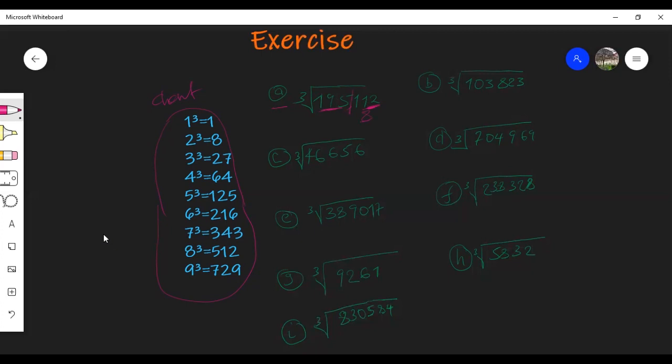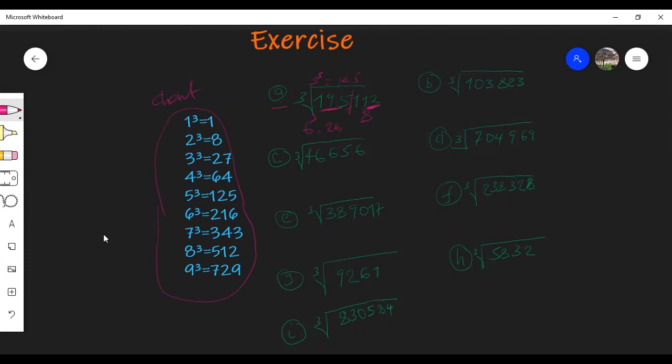And then look at the number 195. We know that it's a number that appears between 5 cubed and 6 cubed. 5 cubed is 125. 6 cubed is 216.